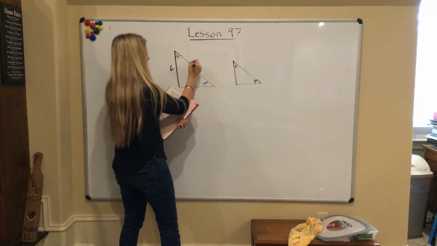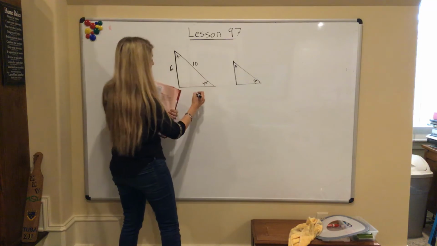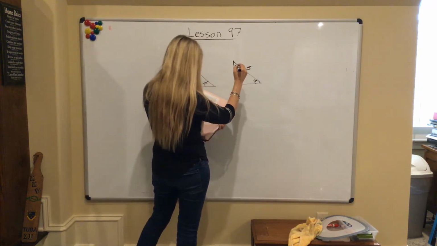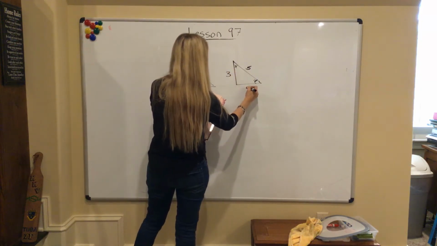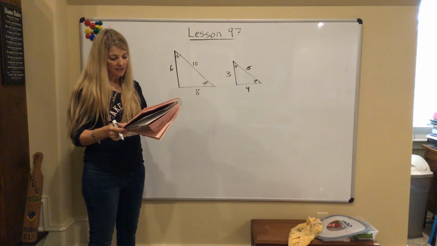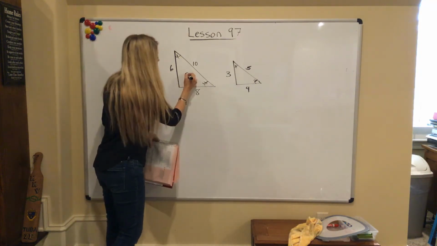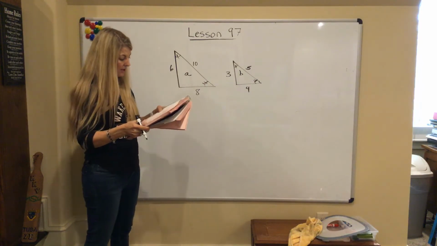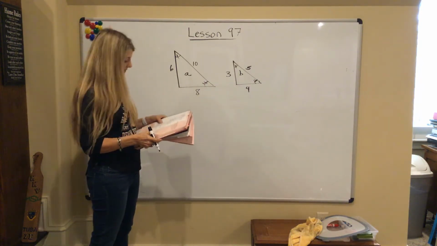And so then if this is 6, this is 10, and this is 8, this is 5, this is 3, and this is 4. Now, the lengths of the corresponding sides of triangles A, this is A, and this is B, are 6 and 3, 8 and 4, and 10 and 5.